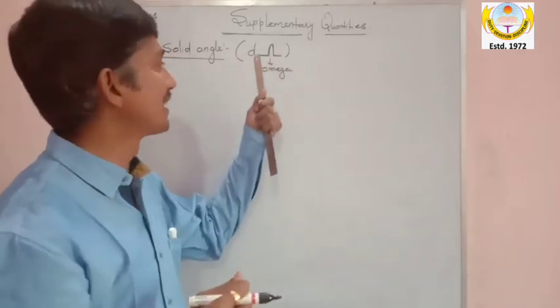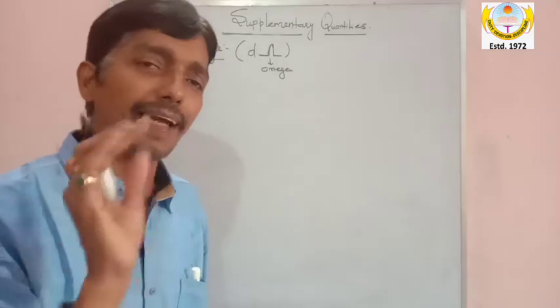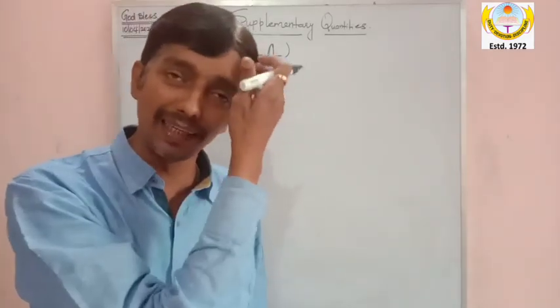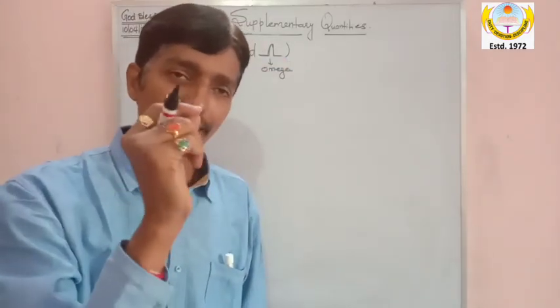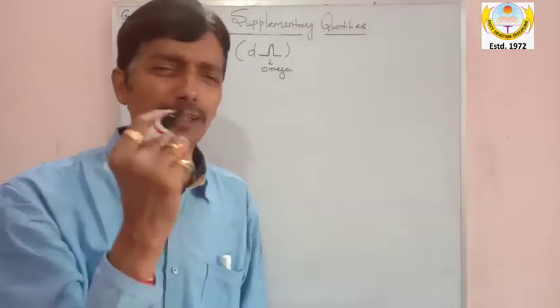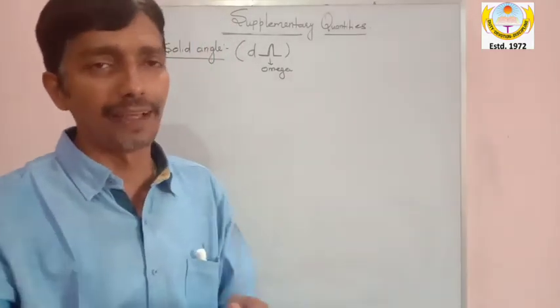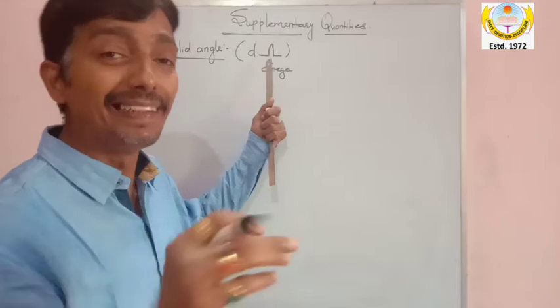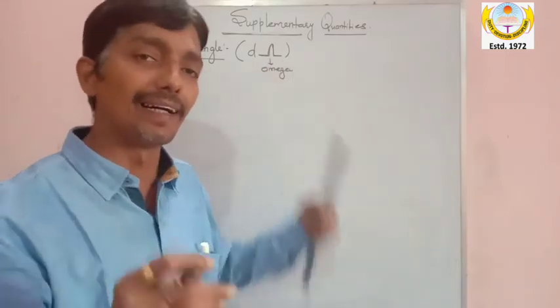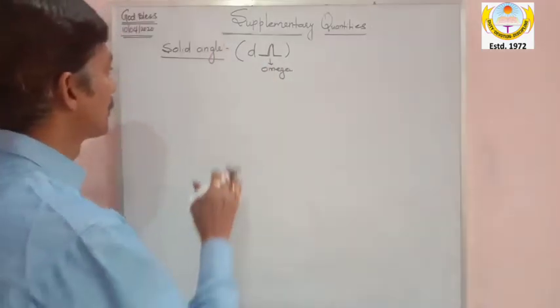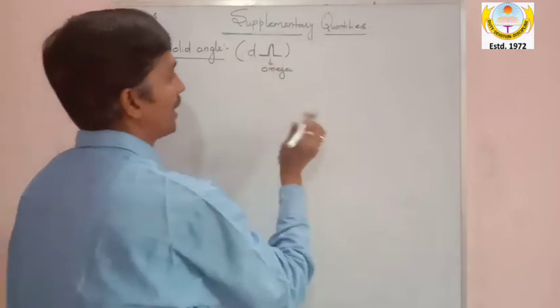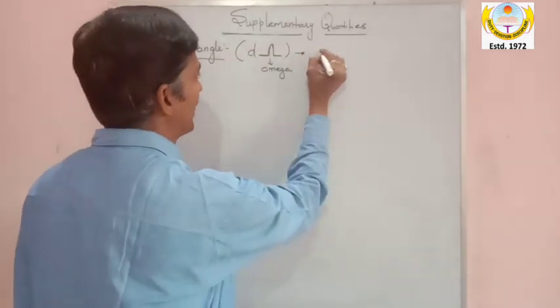Again, here d is a concept for small solid angle. As I said in my plane angle topic, in physics we are studying small angles. So we have a concept of d theta, d omega, like that.